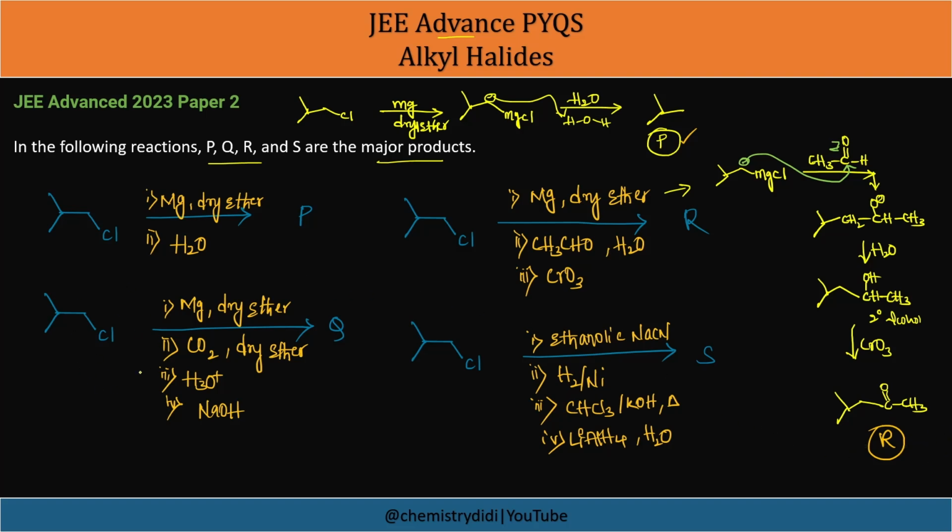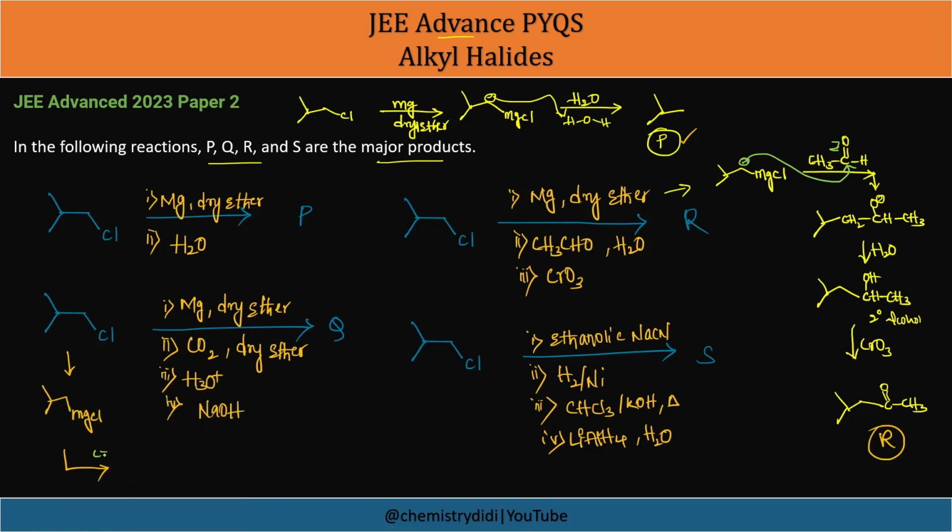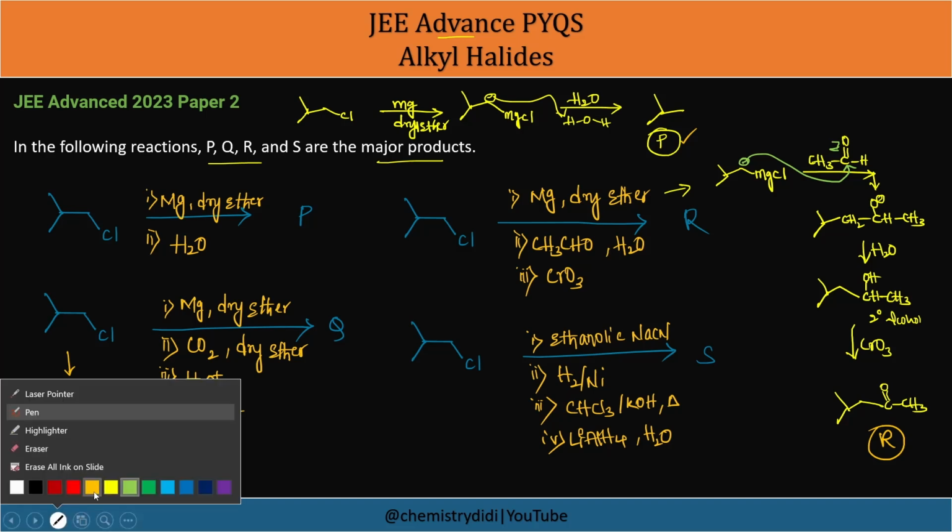Now let's try to solve this conversion. It will form a Grignard reagent, MgCl, and then they have given CO2 over here. We can write CO2 like this, and due to the electronegativity difference, a partial positive charge is created on this carbon. Again the Grignard reagent acts like a nucleophile and attacks this carbon, and the bond shifts towards oxygen.